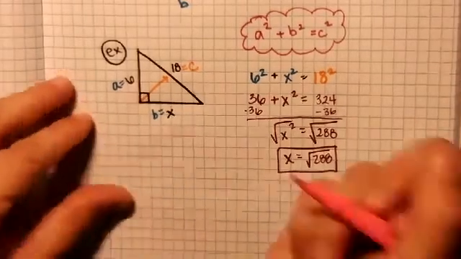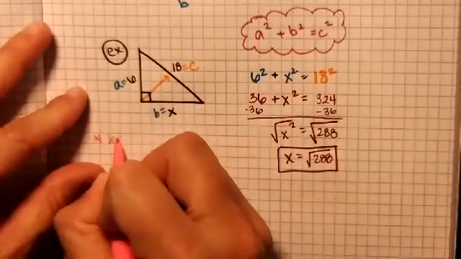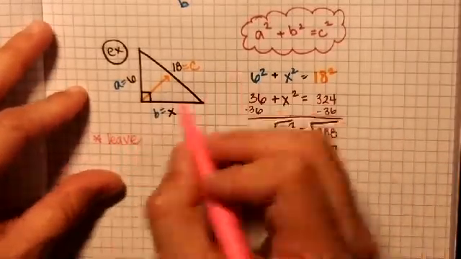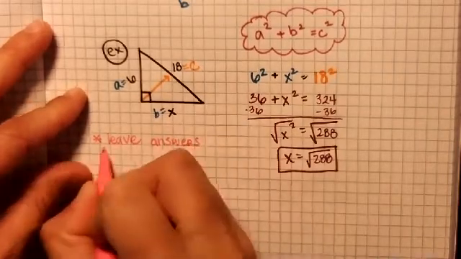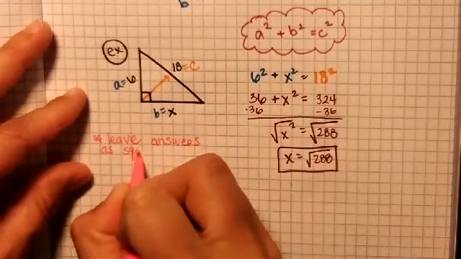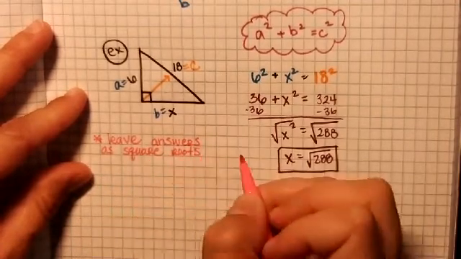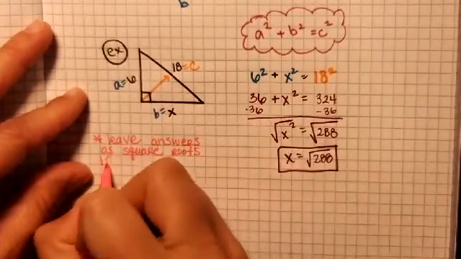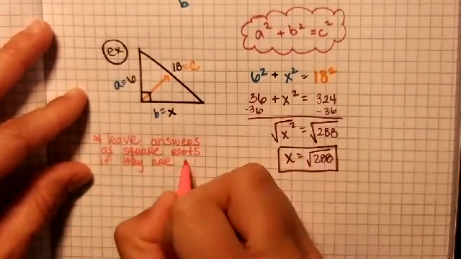So I'm going to write a little asterisk here for you. And it's going to say, leave answers as square roots if they are decimal answers.